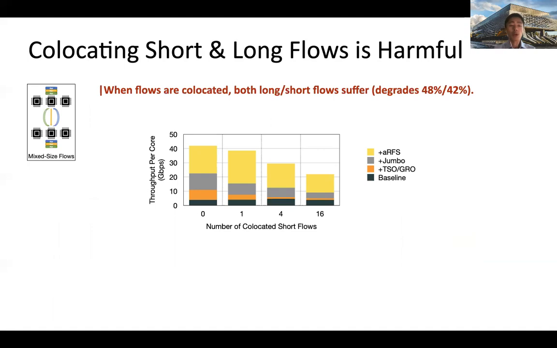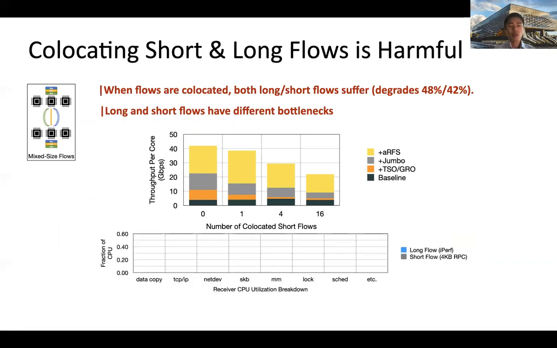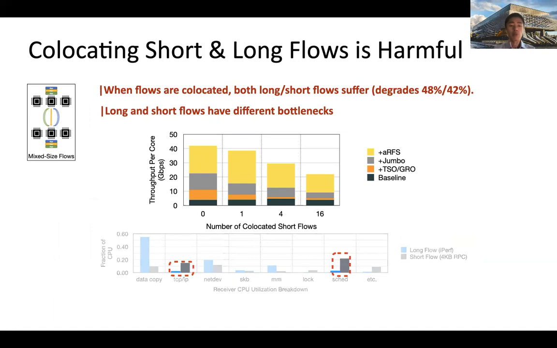Diving deeper into the results, we compare performance characteristics of short flows with long flows. We find long and short flows have different bottlenecks. Firstly, we look at the CPU utilization breakdown for both long and short flows.